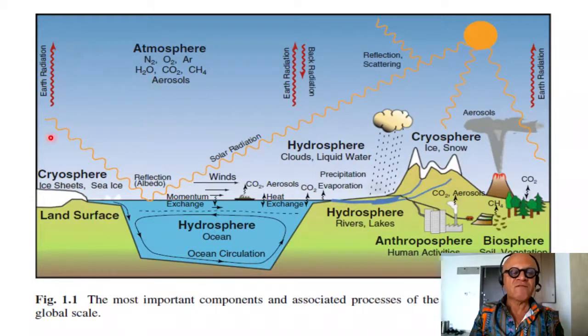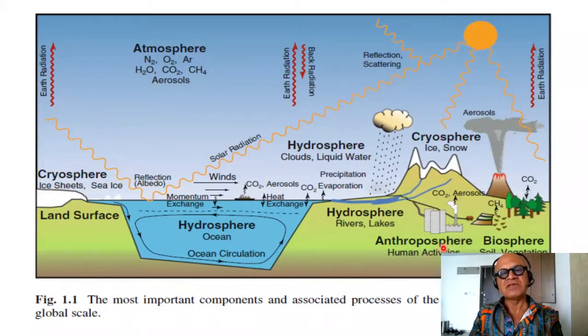And then you have within that, of course, the land surface, hydrosphere, which is all the water. You have cryosphere, which is all the frozen water on land and sea ice and mountains, and so on. And you have the anthroposphere, which is now a critical part of the Earth system.